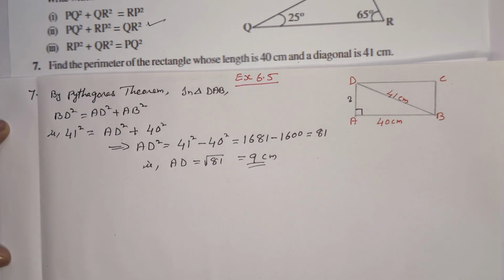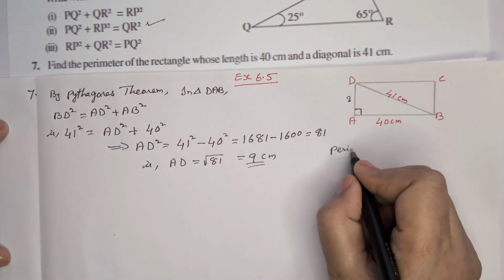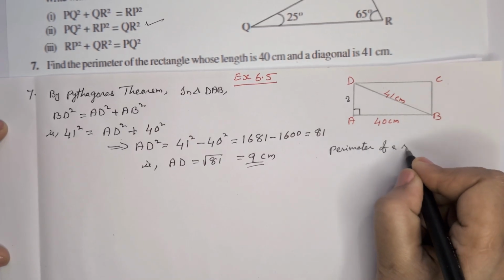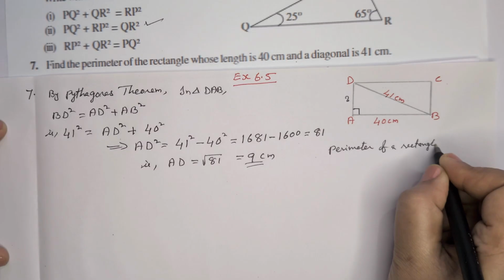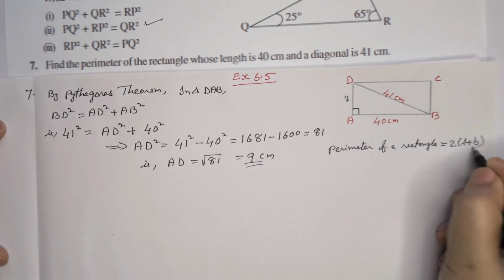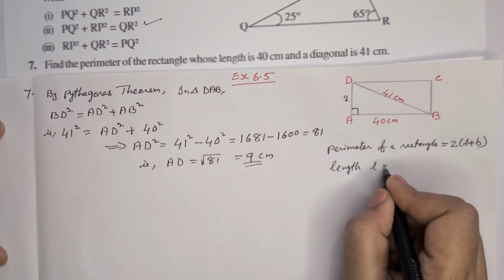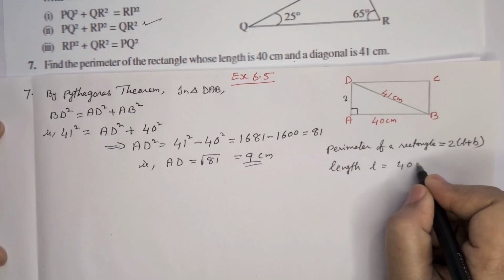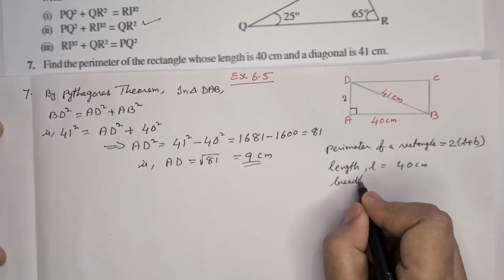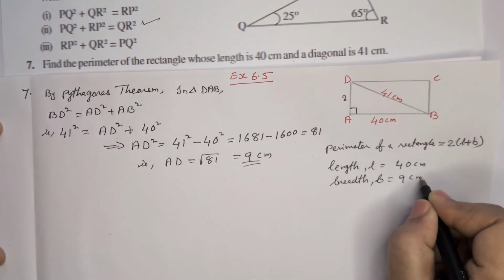Here we know that what we have to find perimeter. So we know that perimeter of a rectangle is equal to 2 into L plus B. Here length L is equal to 40 centimeter and breadth B is equal to 9 centimeter.